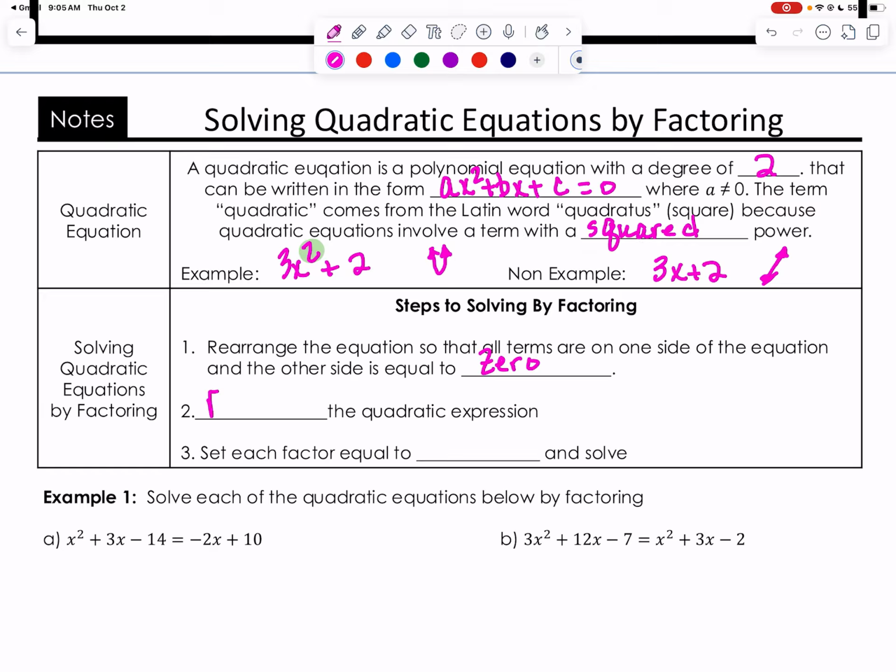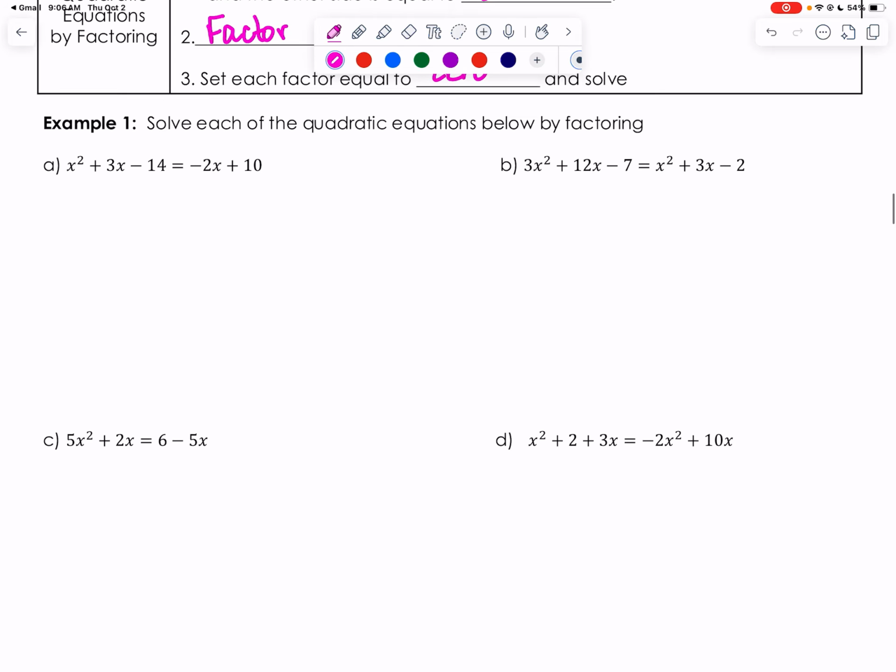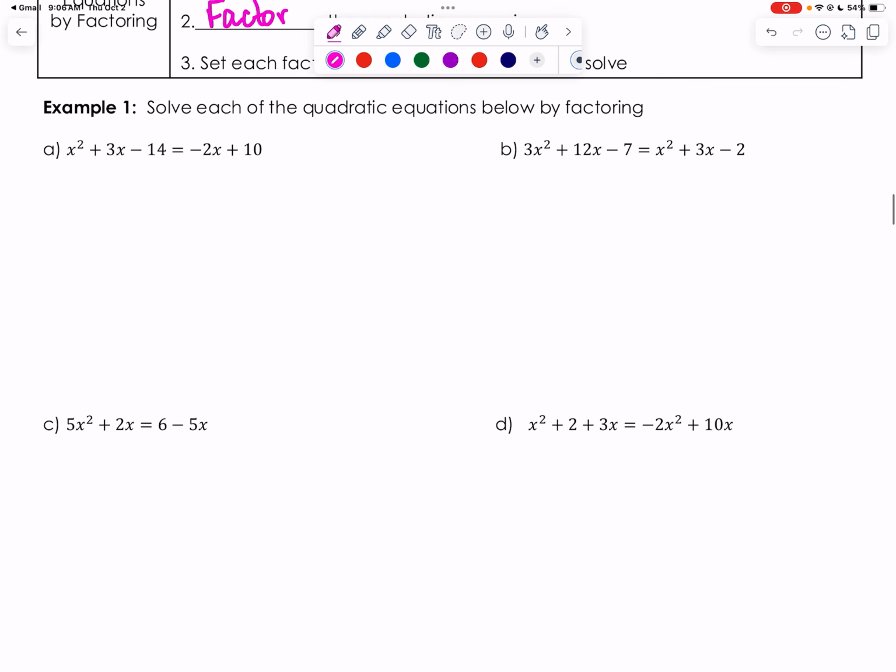Step 2, you will factor the quadratic expression. And step 3, you will set each factor equal to 0 and solve. Now, let's review this a little bit.